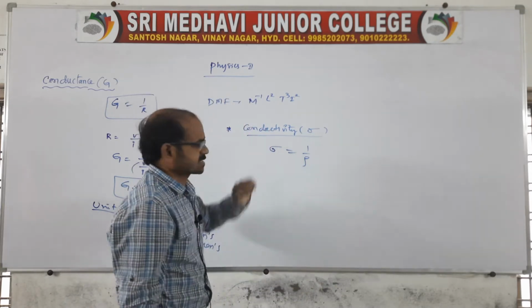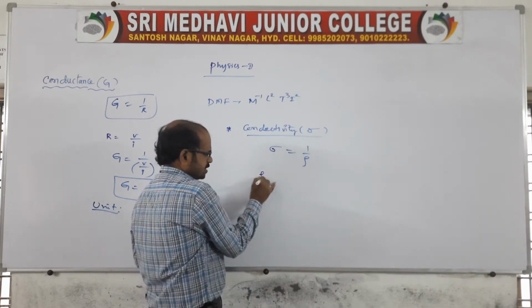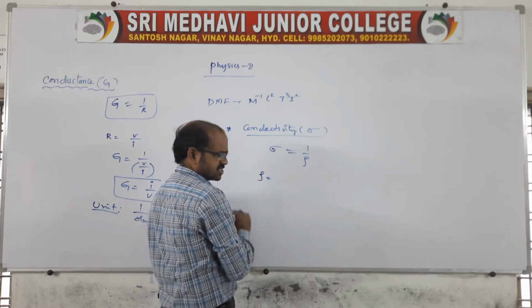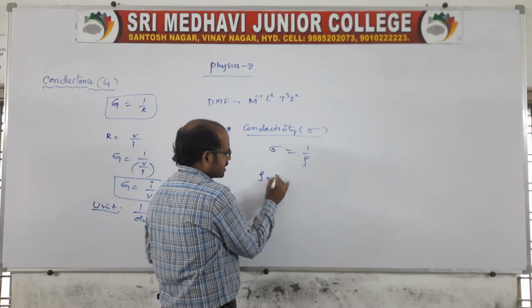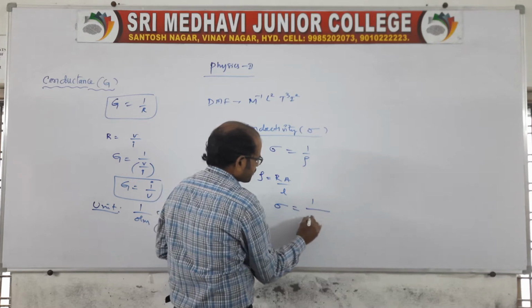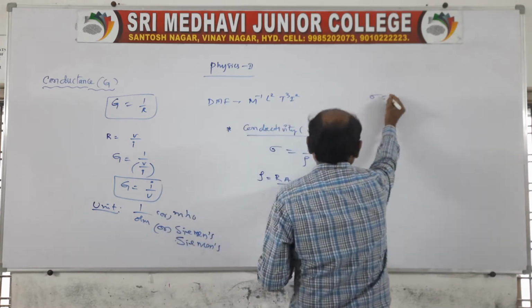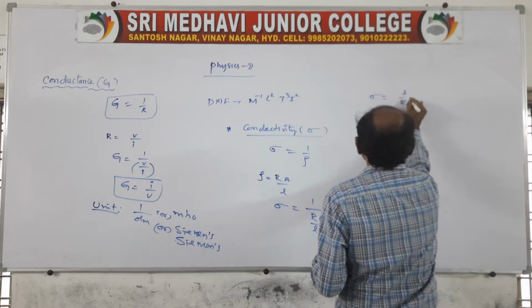Whatever we have as resistivity, you write in reverse. Resistivity is in general RA by L, so conductivity is L by RA. So sigma is equal to L by RA.